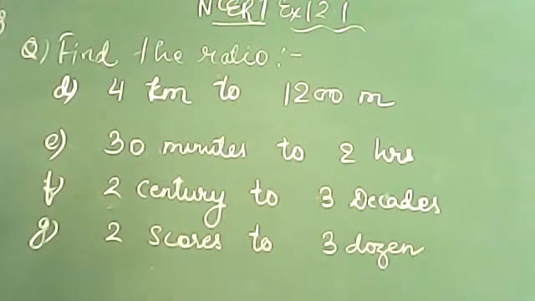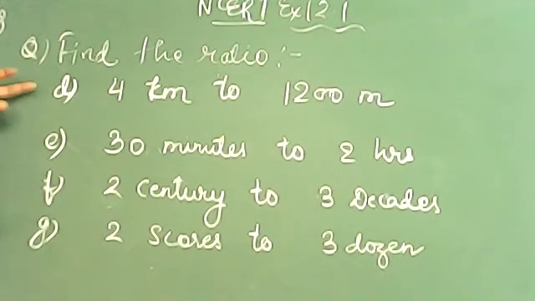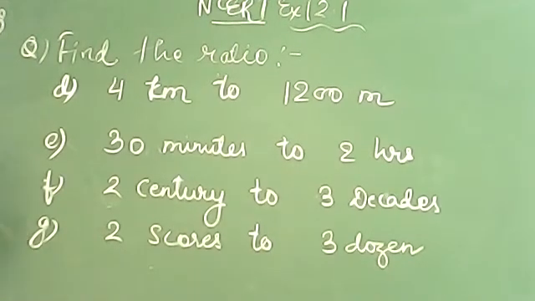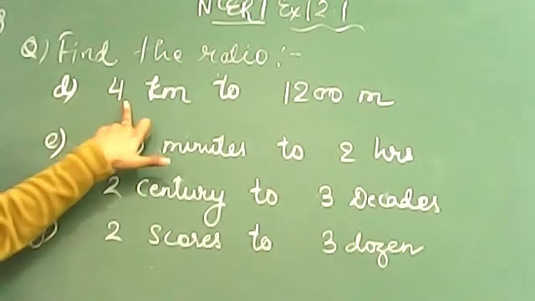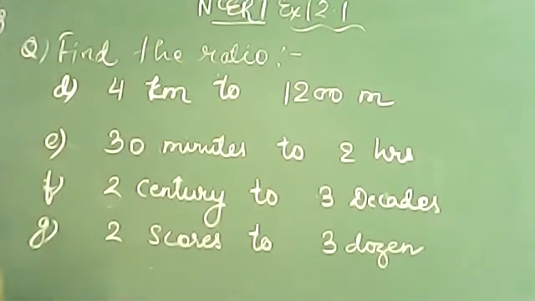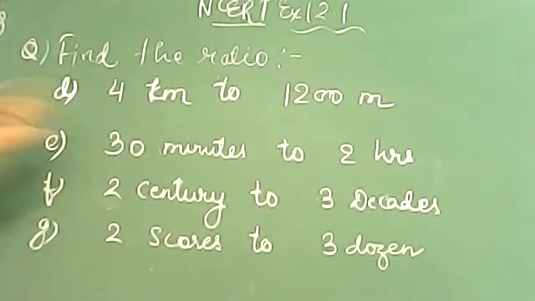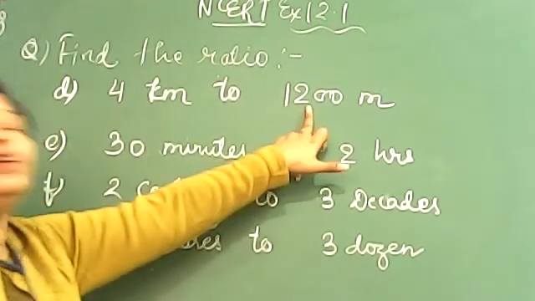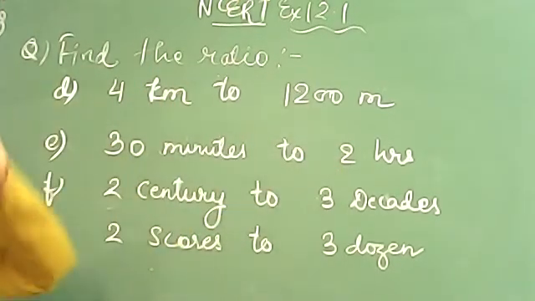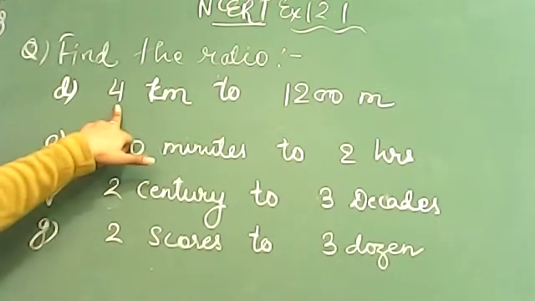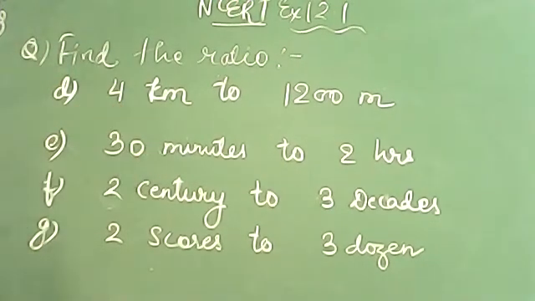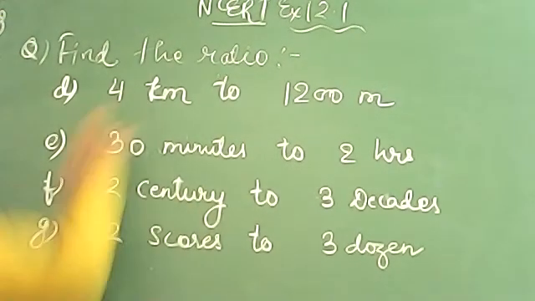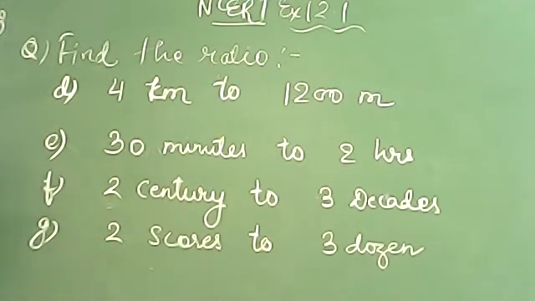Students, I gave you these 4 questions, D, E, F and G. The first question is 4 kilometer to 1200 meter. ठीक है? You can either convert kilometer to meter or meter to kilometer, but it will be easier when you convert kilometer to meter. 1 kilometer means 1000 meter, so 4 kilometer means 4000 meter.